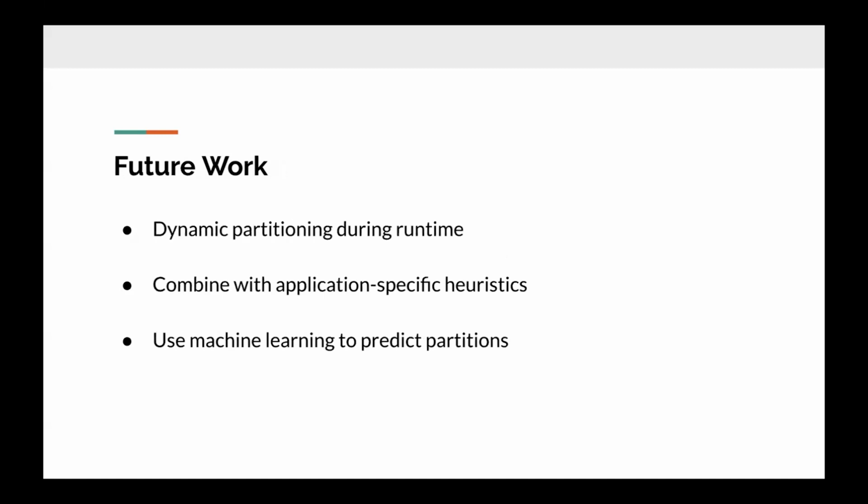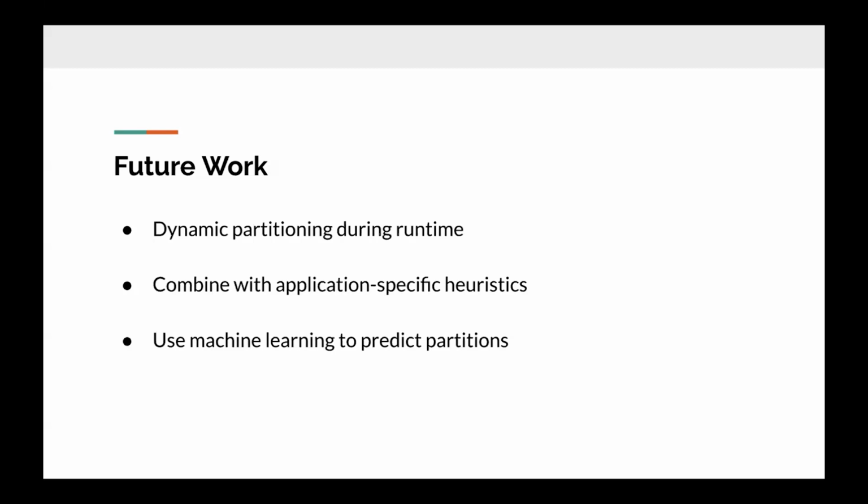Regarding future work, first we plan to explore dynamic partitioning, where the simulation can adapt its own layout at runtime as communication patterns evolve. This is especially useful for time varying models like mobile networks or adaptive systems where the workload shifts during the execution.